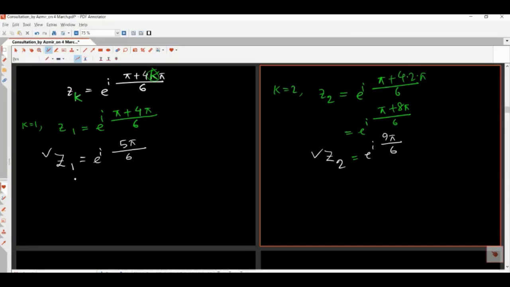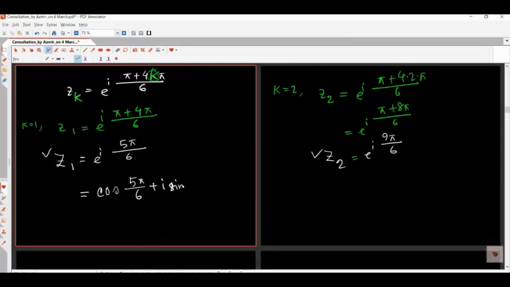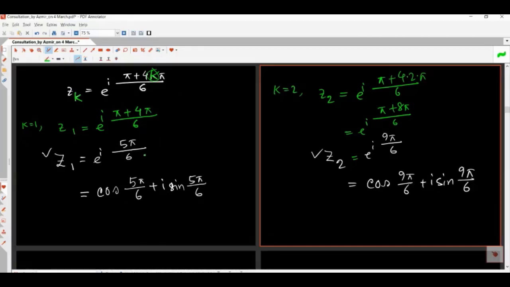So we can convert these to rectangular form also. Let us do that. e power i theta is equal to cosine theta plus i sine theta, by Euler's identity. Similarly here, cosine theta plus i sine theta. 5 pi over 6 is equal to 150 degrees.